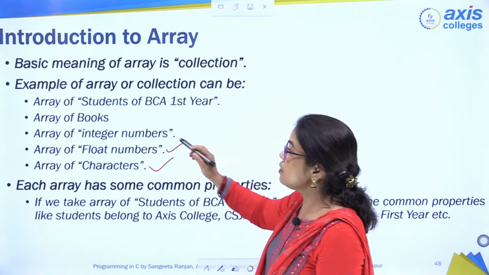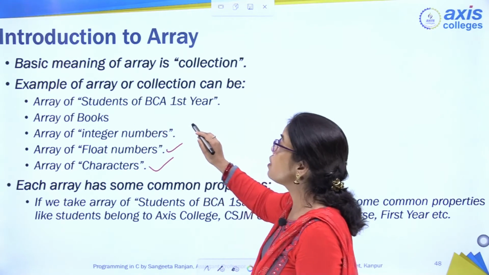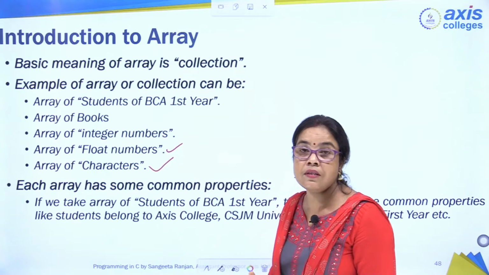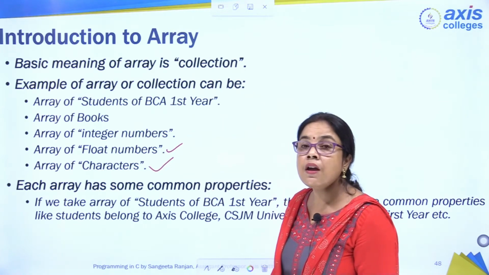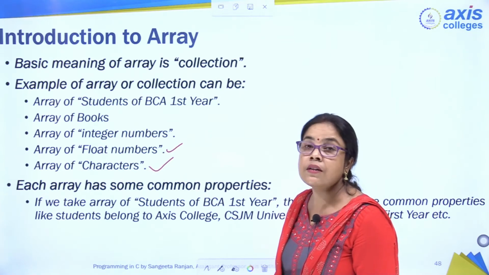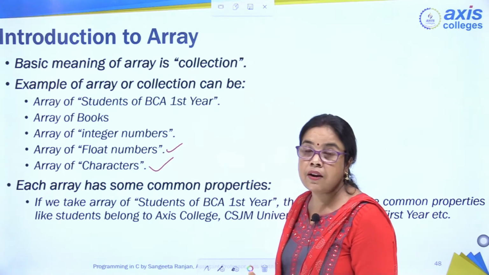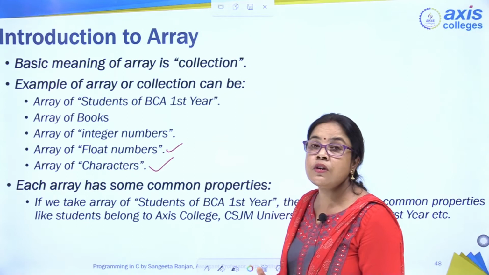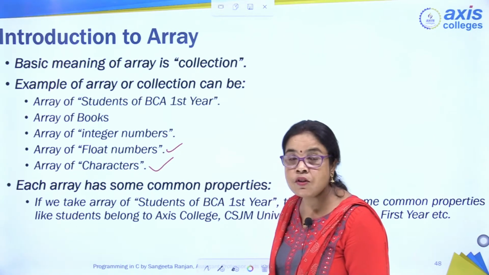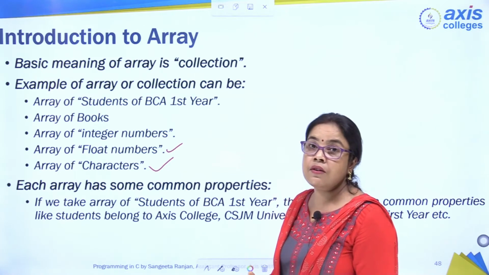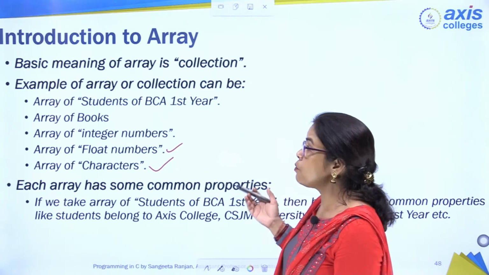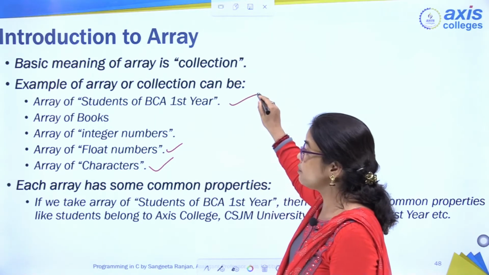So first we take the array of students, which contains some similar properties. Each and every student has a name, an address, their parents' name, an ID, and affiliated university and college name. These are the common properties for every student.